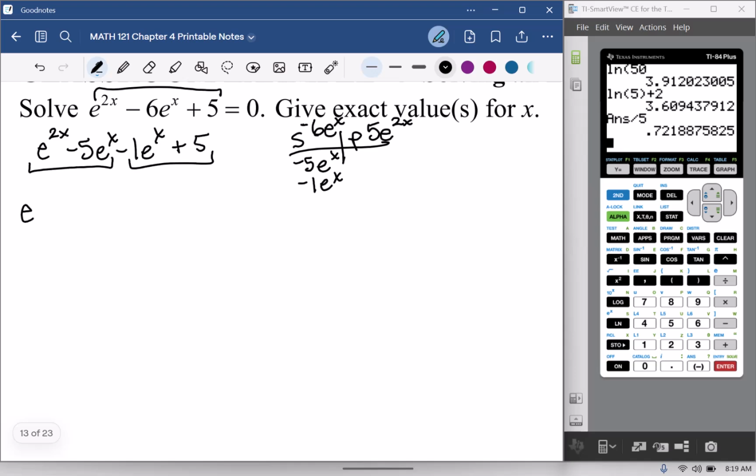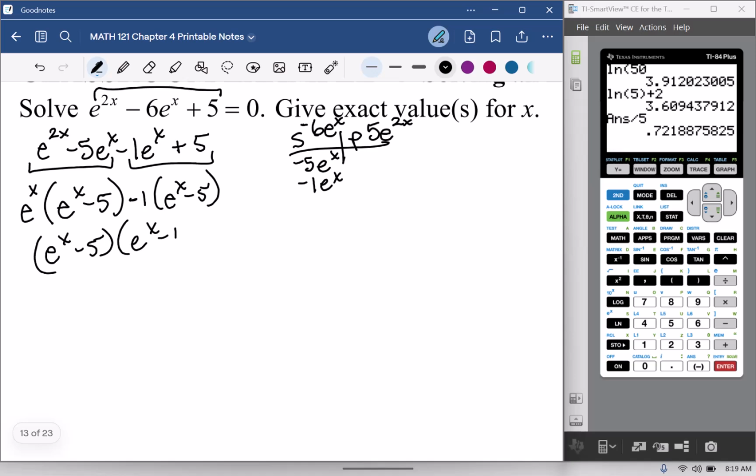I can take out an e to the x. That's going to be e to the x minus 5, because remember you add your exponents. If I take e to the 2x and take 1 away, I have e to the x. Minus 1, that's e to the x minus 5. So e to the x minus 5, e to the x minus 1 equals 0. I set them both separately equal to 0.